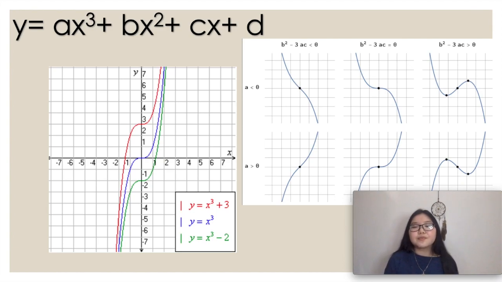It's real quick. So if the value of this formula, when you replace the numbers here, is less than 0, your cubic function only has one solution. If it equals 0, your cubic equation has 3 solutions, but they have the same value. So that means that one value repeats 3 times.